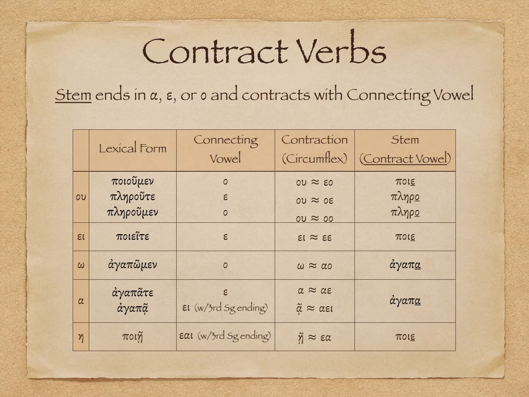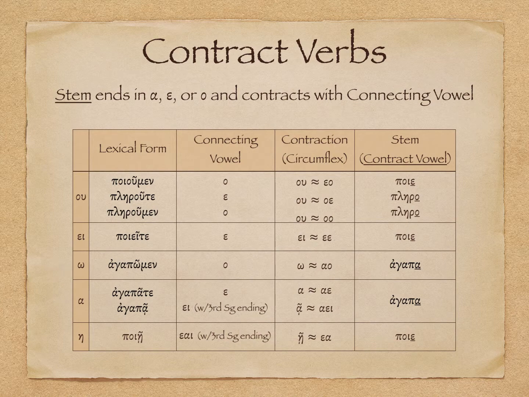The final rule, eta, poiei, again you have that iota subscript, epsilon and alpha go together, contract to eta. And epsilon becomes the contract vowel.